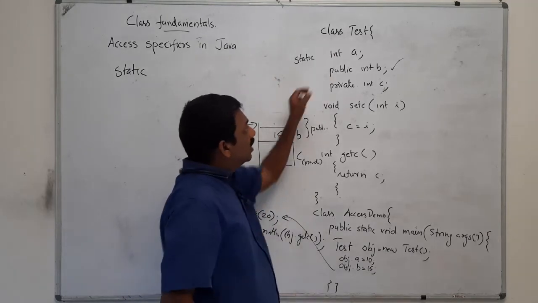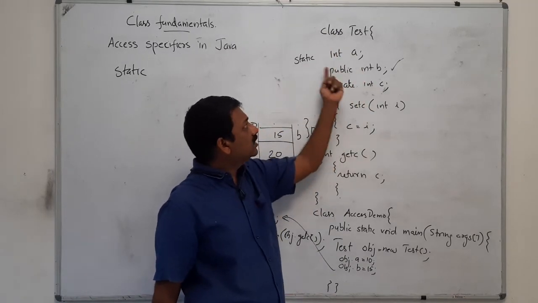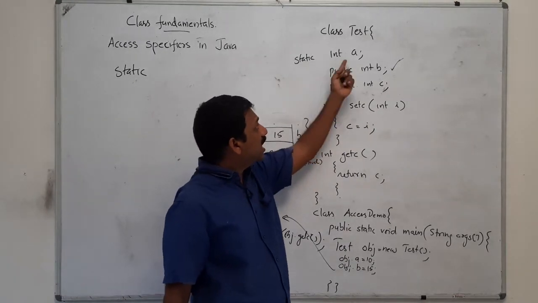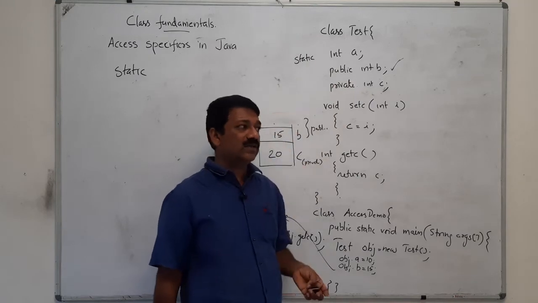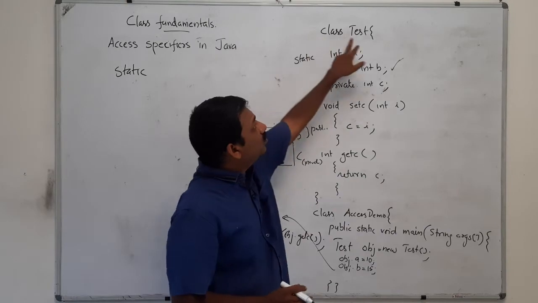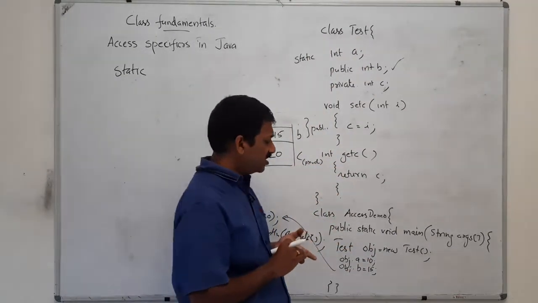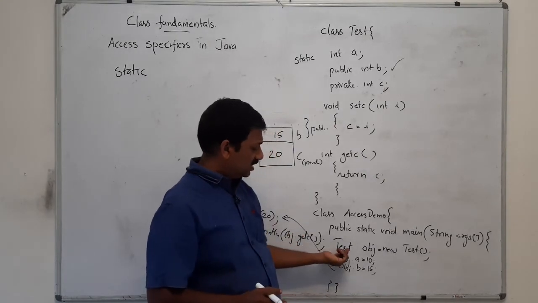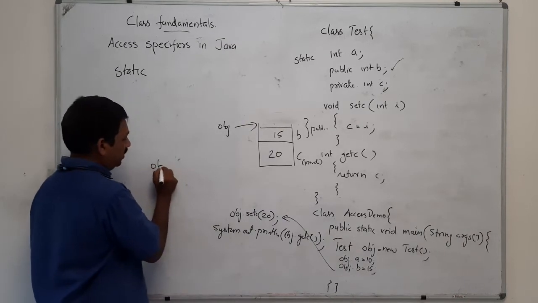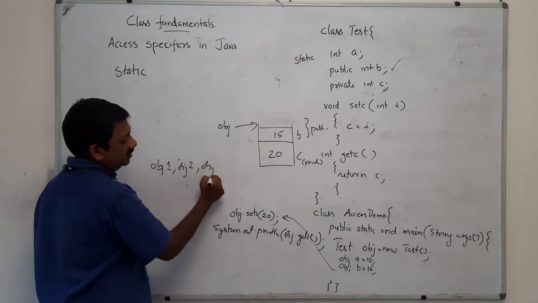That means an object is having these two variables. It is not having any static variables, because all the static variables are common to all the objects created from the class. For example, suppose you are creating three objects of type test, say obj1, obj2, obj3.